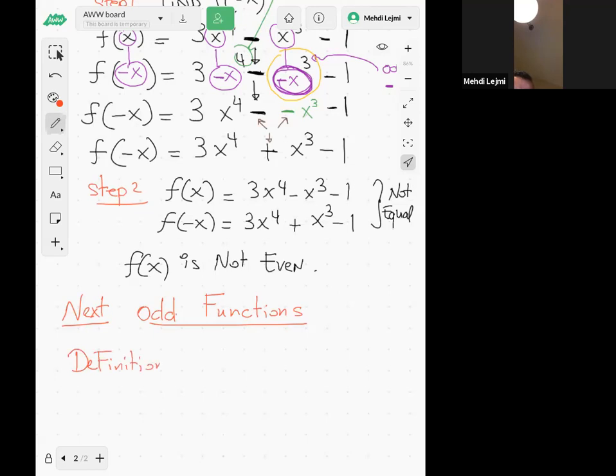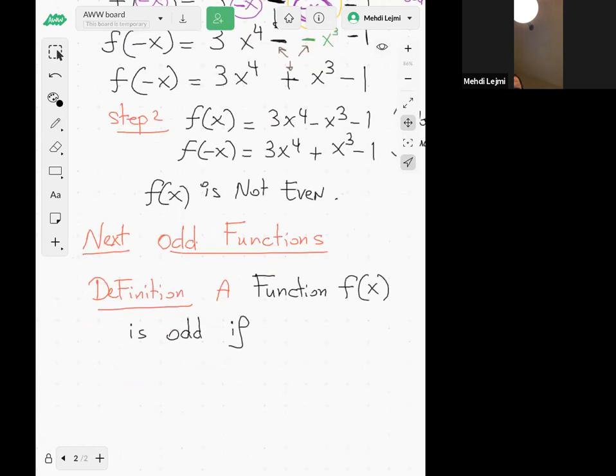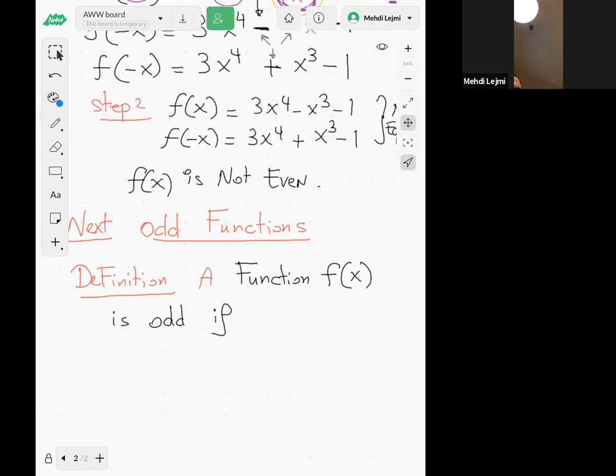Odd function. So a function f of x is odd if, the definition is the following, if f of minus x is equal to, so remember for even functions, f of minus x should be equal to f of x.